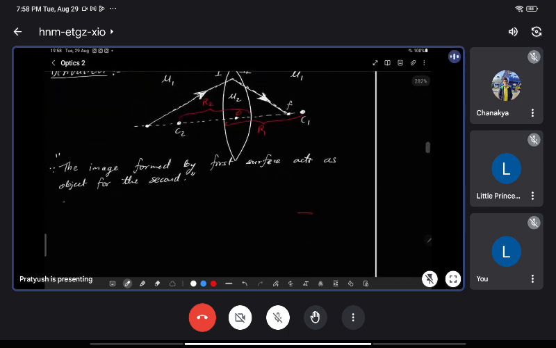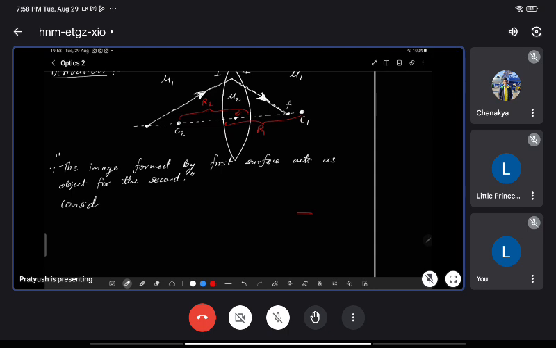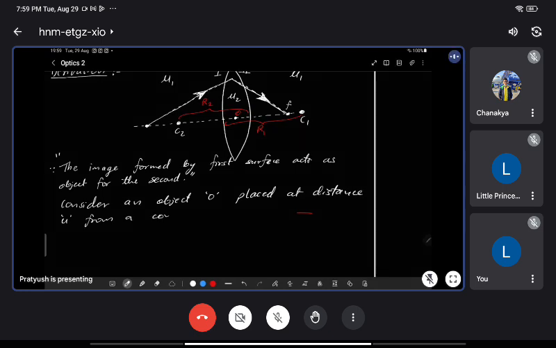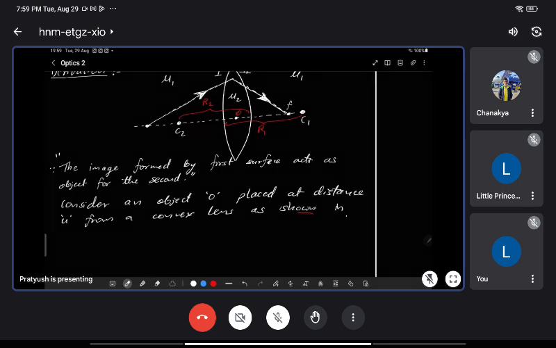So write down. Consider an object O placed at distance U from a convex lens as shown in figure.